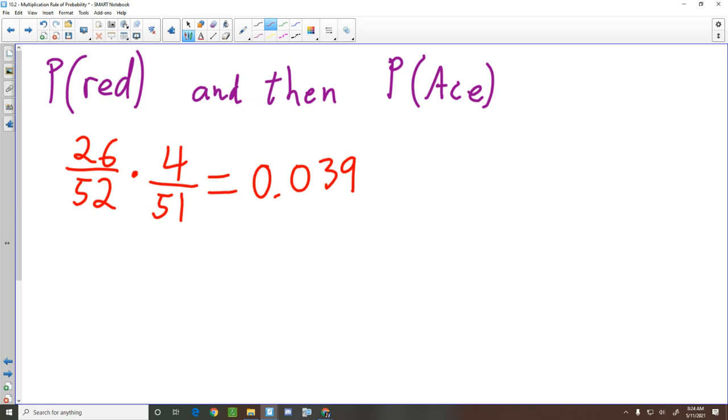Is that a pretty big probability? No, that's pretty low. That would be approximately 4% chance that you're going to draw a red card and then draw an ace afterwards.